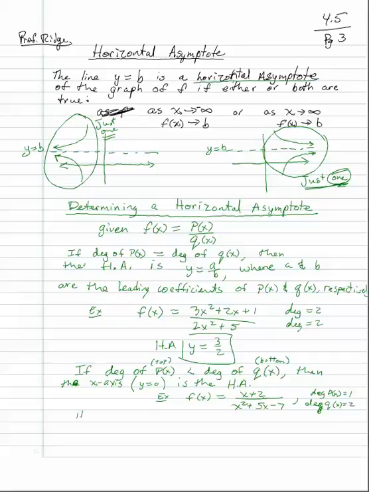So then our horizontal asymptote is y equals 0, or the x-axis. However you want to say that, doesn't matter. Same thing. y equals 0 is the x-axis.